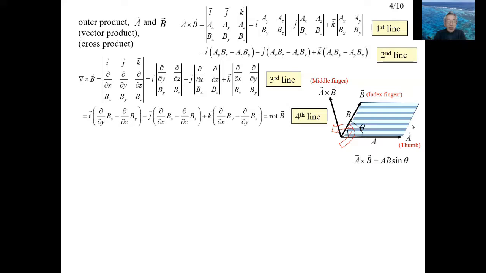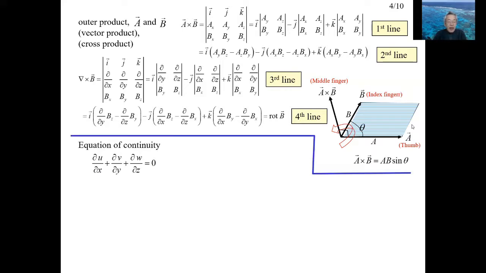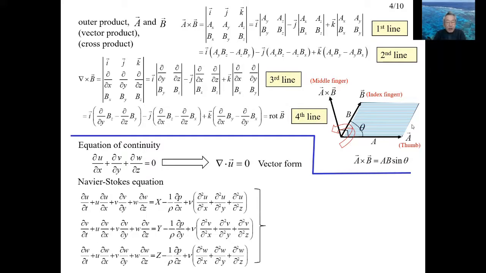Next, I will show how the description of equations is simplified by using nabla operators. The continuity equation is the basic equation of fluid. If the continuity equation is expressed using nabla, it is simply nabla dot u equals 0. If you show all components of the Navier-Stokes equation, many terms are lined up.